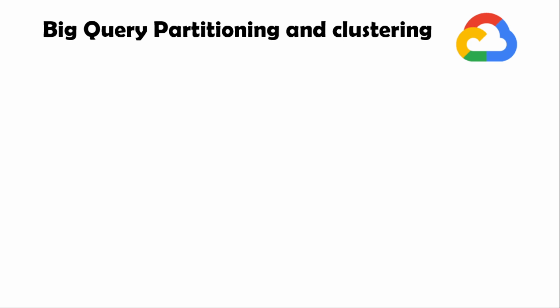So note this down: the more data scanned by a query, the more resources will be utilized. If more resources are utilized, then this requires more slots to process your query. Ultimately, you will end up paying more for BigQuery.